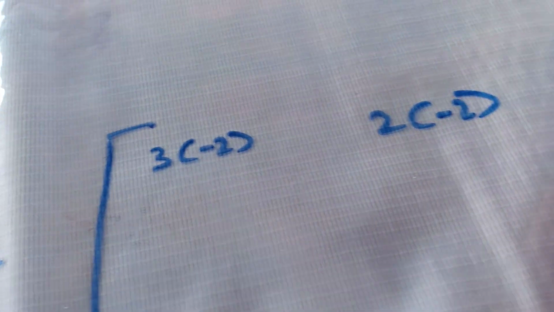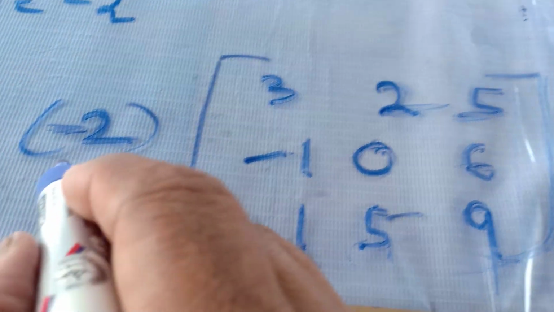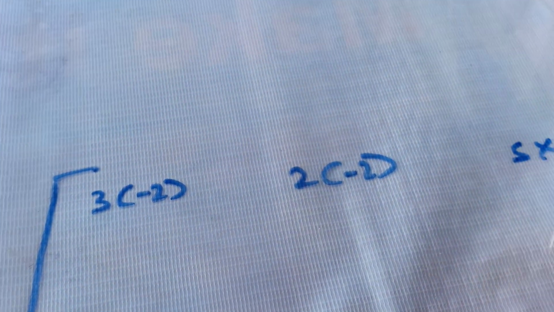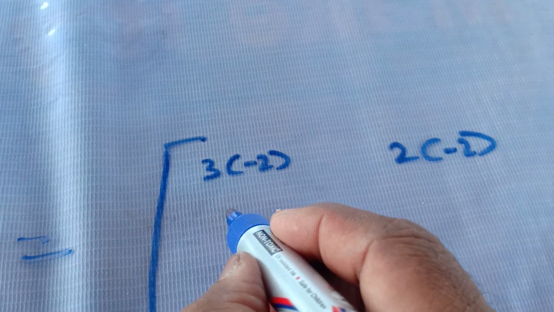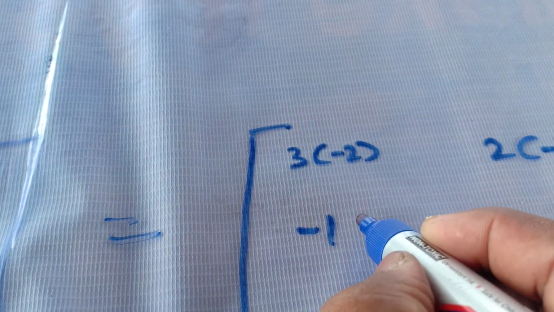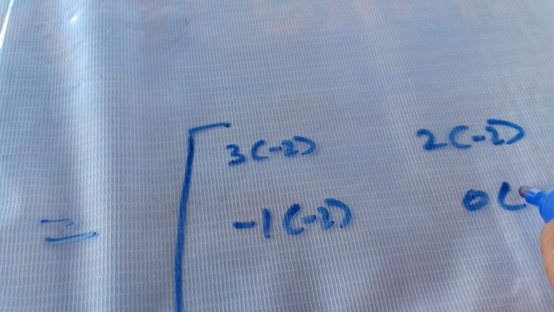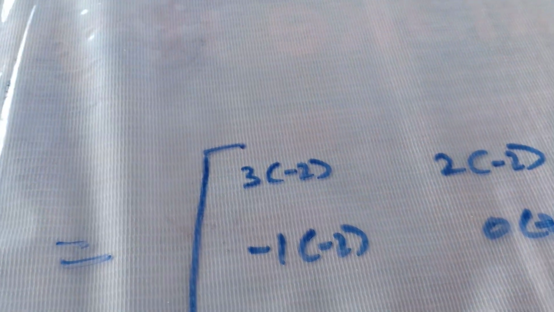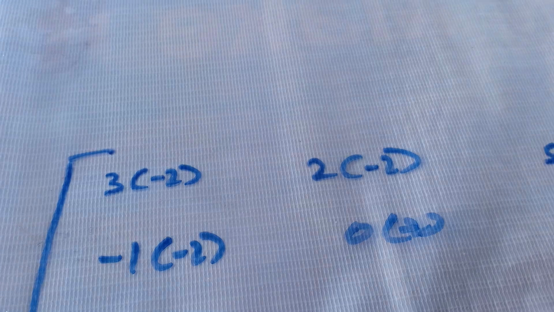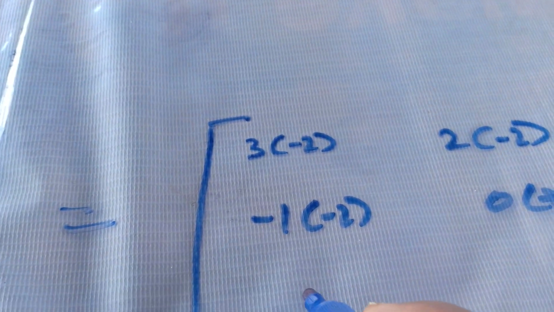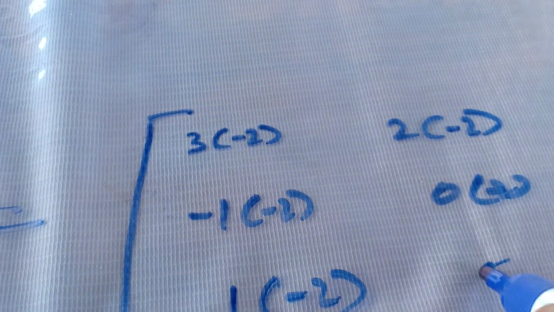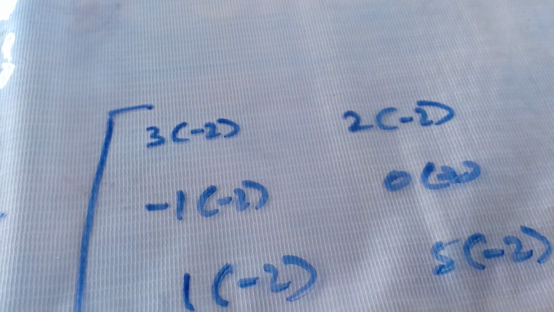So 3 into minus 2, 2 into minus 2, 5 into minus 2, minus 1 into minus 2, 0 into minus 2, 6 into minus 2, and 1 into minus 2, 5 into minus 2, and 9 into minus 2.